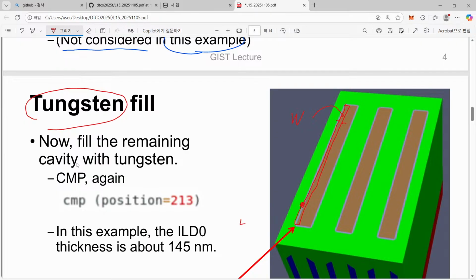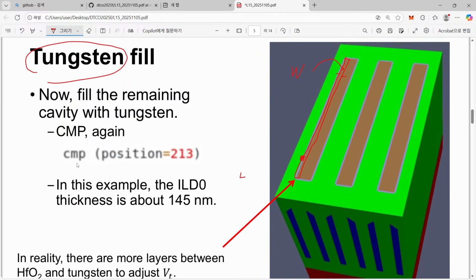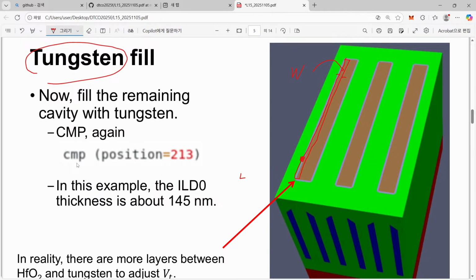So that was the problem. Therefore we eliminate work function metals from our newest technology and introduce a dipole. But right now we will just introduce a tungsten fill, and after that CMP is done once again at the level of our ILD0.